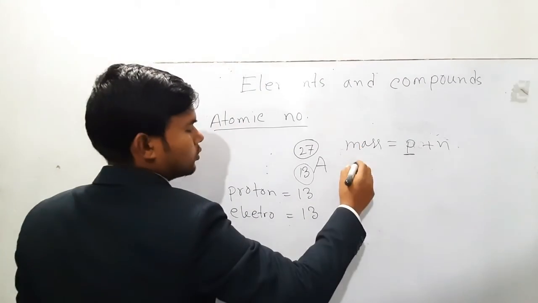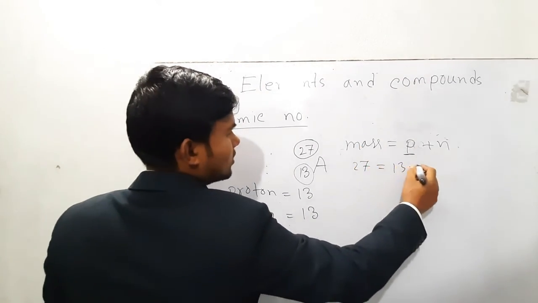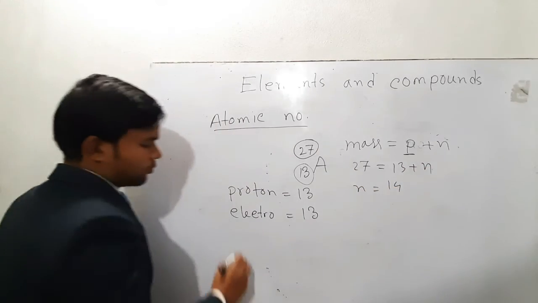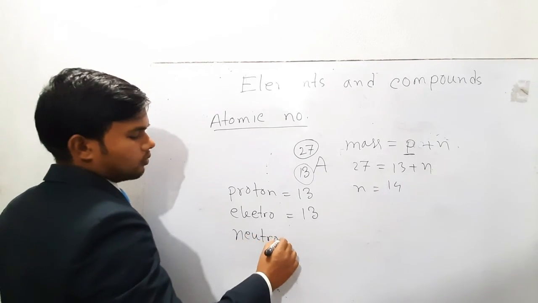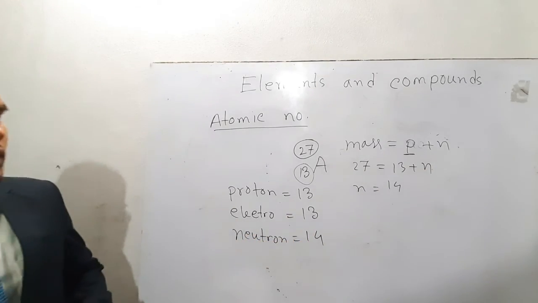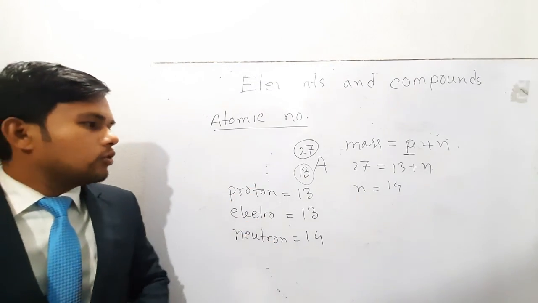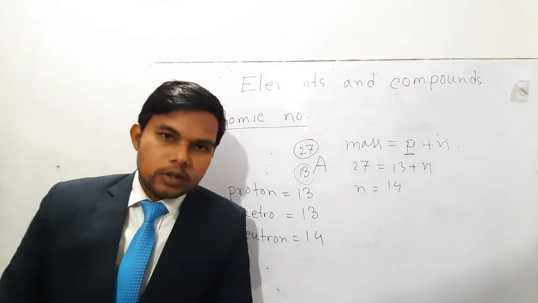We have mass number 27 equal to proton number 13 plus neutron number. So neutron number will be 14. So with the help of the atomic number and mass number, we can get the proton, electron and neutron in an atom. So this is the basic thing for today's class.